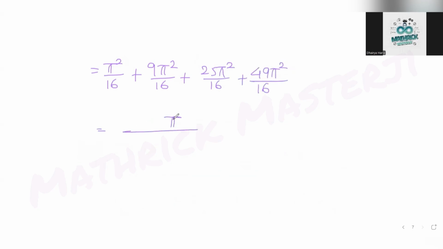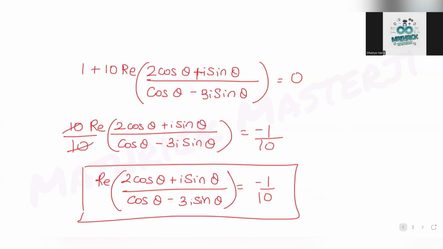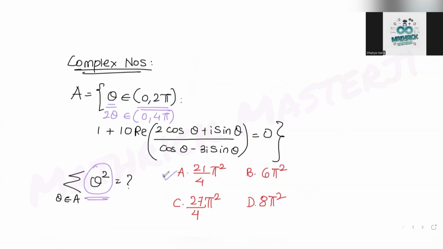So that leaves me with pi squared over 16 times the addition, which gives 1 plus 9 plus 25 plus 49, that is 84. So 84 pi squared over 16. If I cancel with 4s, 4 times 21 and 4 times 4, I get 21 over 4 pi squared. So I get the answer to this question, and that 21 over 4 pi squared matches with option A. So A becomes the correct answer for this question.